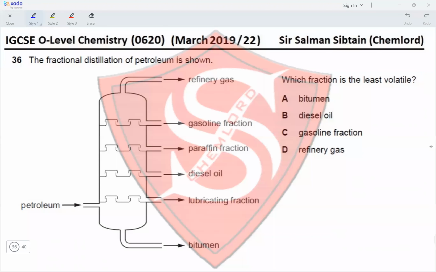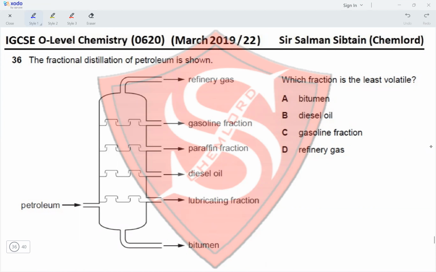Question 36. The fractional distillation of petroleum is shown. Which fraction is the least volatile? The one that is least volatile would be the one at the bottom of the fractionating column. So it should be bitumen if bitumen is a choice. The second least volatile would be the lubricating fraction.